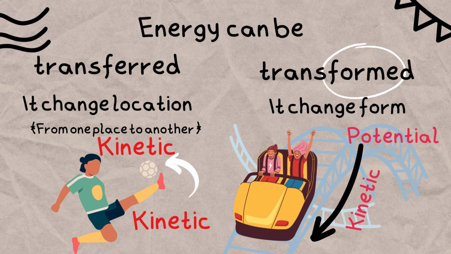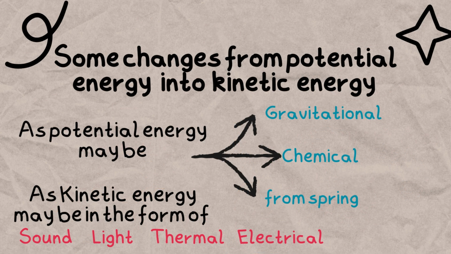This potential energy transforms to kinetic energy. So it changes its form. So energy can be transferred or transformed, can be moved from one object to another, or change from one form to another. We will see some changes from potential energy to kinetic energy.